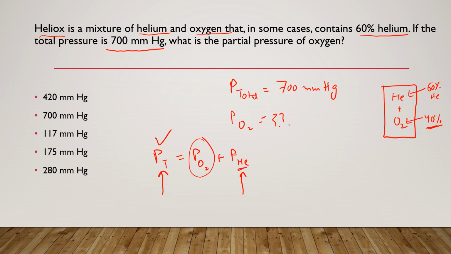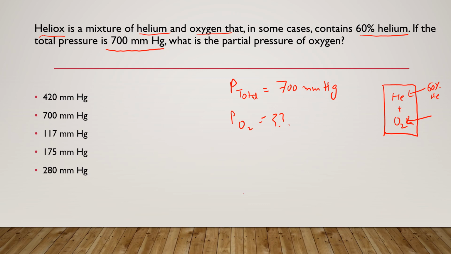In a couple of slides earlier, we learned that the partial pressure of any gas can be determined as long as we know the total pressure as well as its percentage. We already figured out that the percentage of oxygen is 40%. So therefore, the partial pressure of oxygen is equal to the fraction of oxygen multiplied by P total.